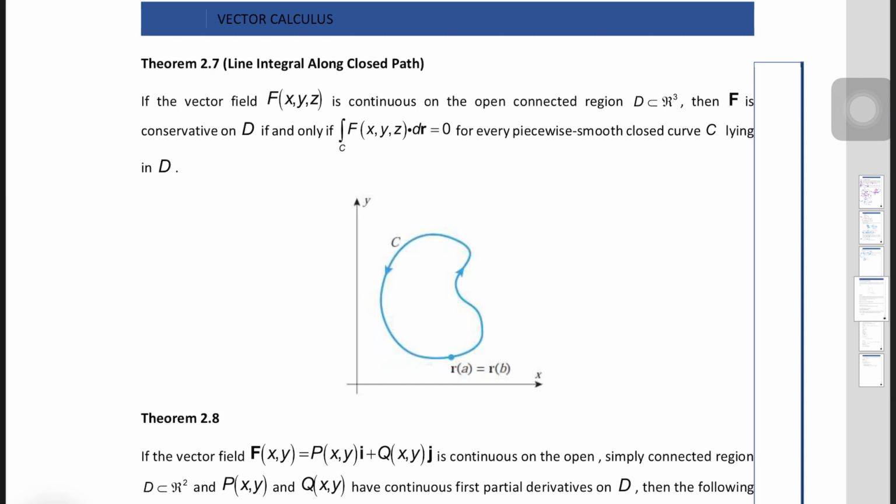Okay, if the vector field F(x,y,z) is continuous on the open connected region D, a subset of vector space R^3, then F is conservative if and only if the integral of F dot dr equals 0 for every piecewise smooth closed curve C lying in D. Kalau kita dapat buktikan F(x,y) is conservative, then the line integral dia adalah sama dengan kosong.